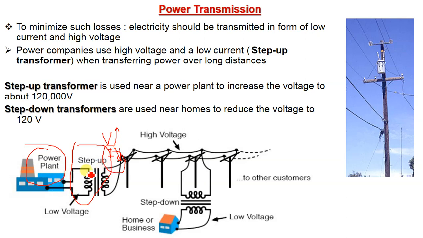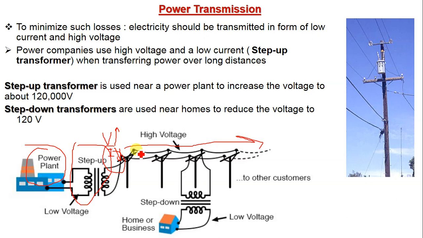Why do I want to decrease the current here? Because, girls, this electricity or this voltage is transmitted over long distances from the power plant to the houses, to the offices. So over this long distance, if I have high current, a high amount of charges moving through these wires, what do you expect?